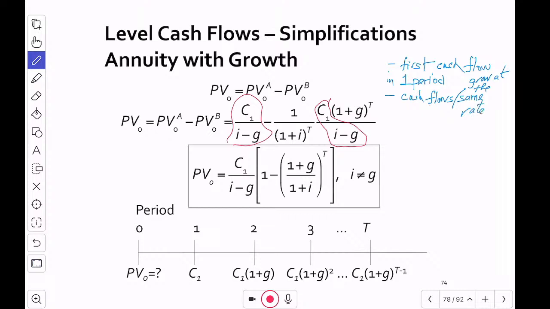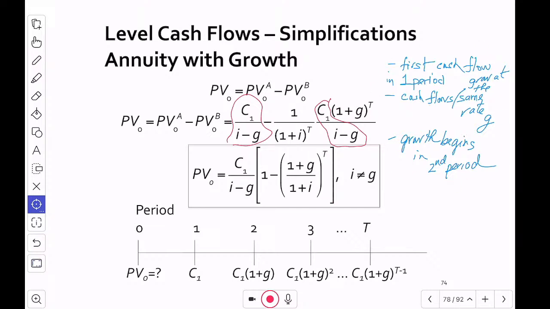So they are not the same, but they grow at the same rate of G. What else? Growth begins in second period. That's really important. So the conditions are first cash flow 1 period from now. Cash flows grow at the same rate G. And the growth begins in the second period. So only with these conditions can you use this formula.